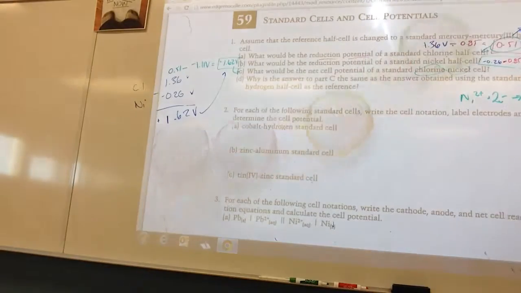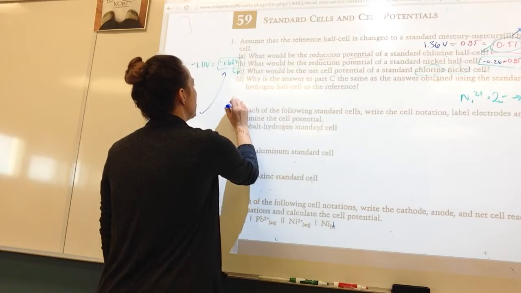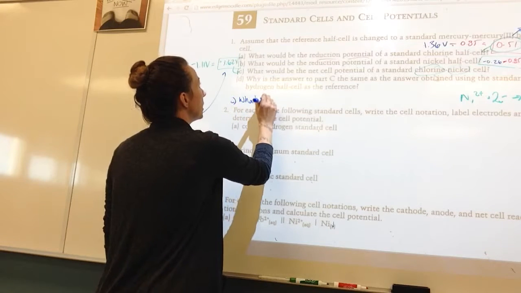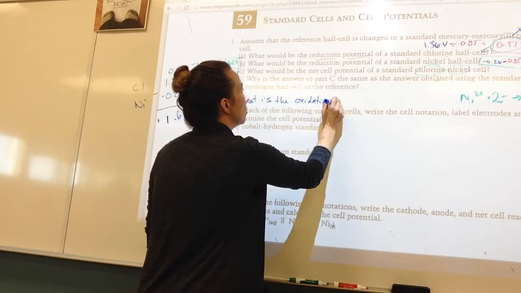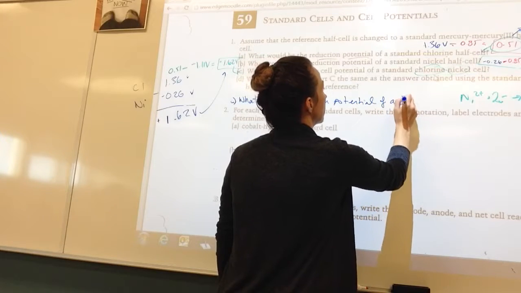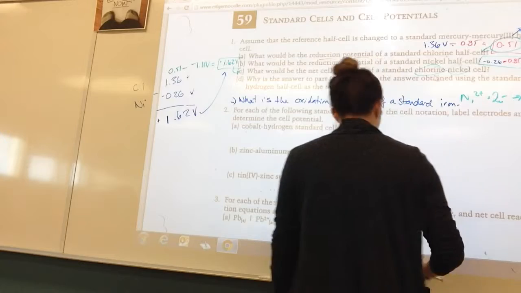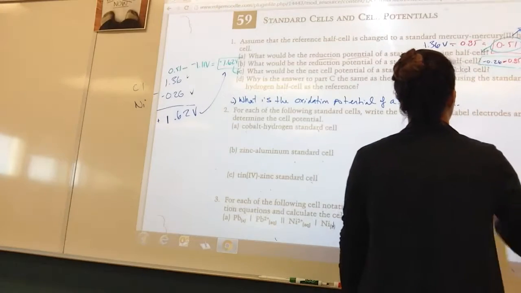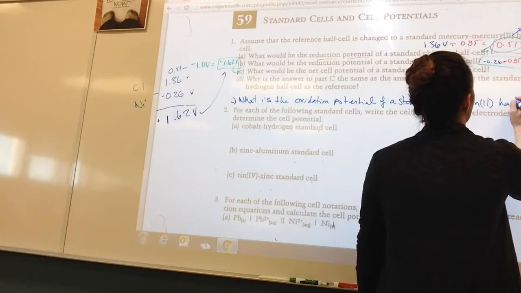Okay? All right. So, what if they asked you, because they haven't done this yet, but they will. So a little e here. What is the oxidation potential of a standard, let's go iron 2 half cell?